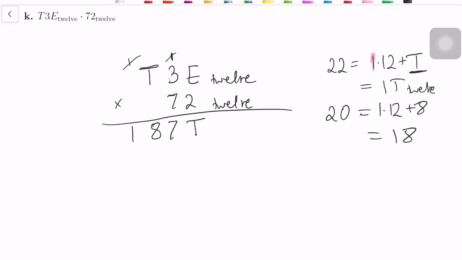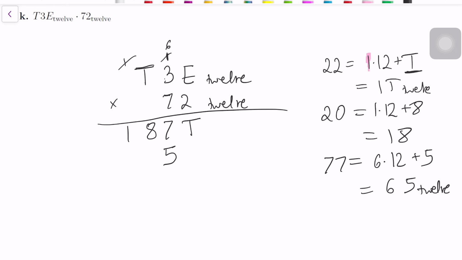7 times E, 7 times 11 is 77. 77 is how many 12s I can fit. 6 times 12 would be 72, right? So that will be 6, 5 in base 12. 6 twelves and 5 units. So I record the number of units, right? And the number of 12s I record here.